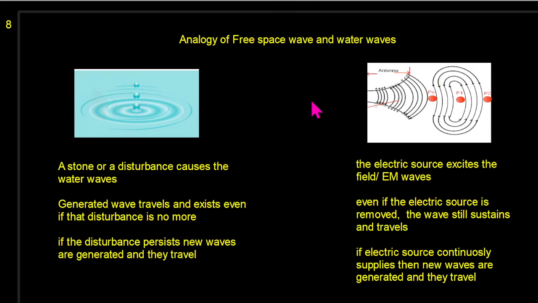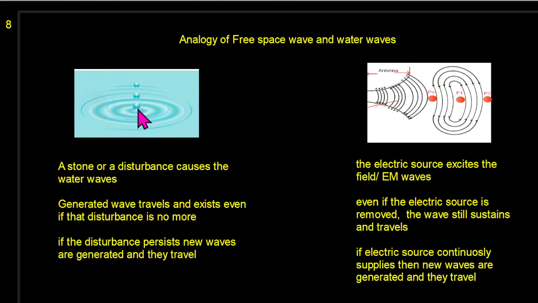We have an analogy of the free space wave with water waves. Here you have a stone or a pebble which creates a disturbance in the pond, or the water. So you will have water waves generated, and those water waves travel and exist even if that disturbance is no more.